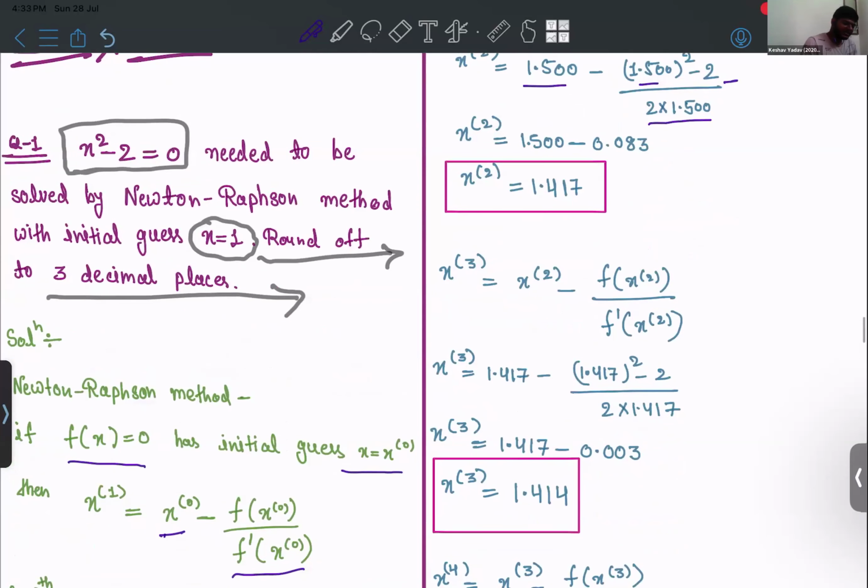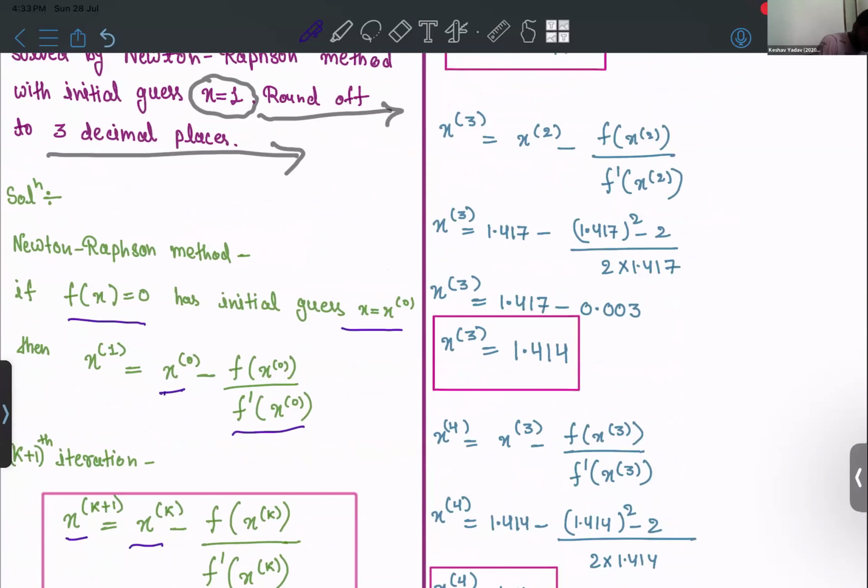Usually in a question, they will write up to how many iterations you should solve the problem. So here we want to solve up to the fifth iteration. In the third iteration, similar formula: x at second iteration minus f of x at the second iteration divided by the derivative of f at the second iteration.